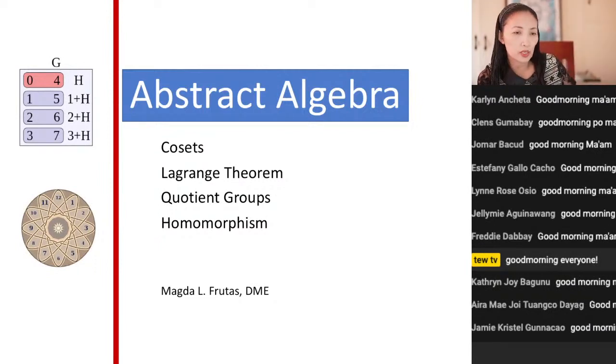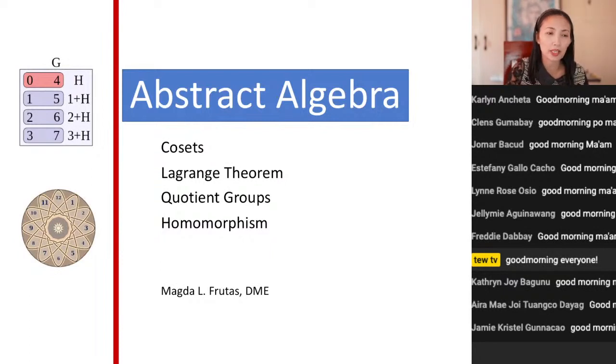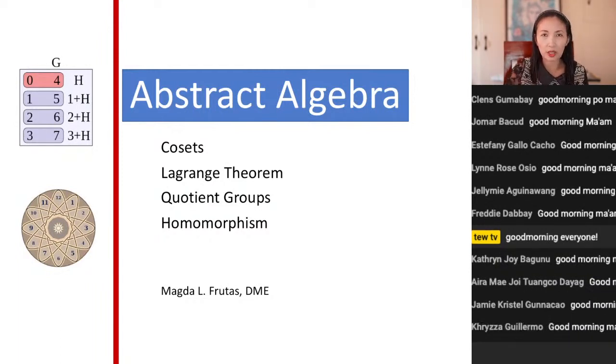This morning, we shall take up the topics Cosets, Lagrange Theorem, Quotient group modulo H, normal subgroup, Homomorphism, Isomorphism, and rings, to cover all the remaining topics in abstract algebra.